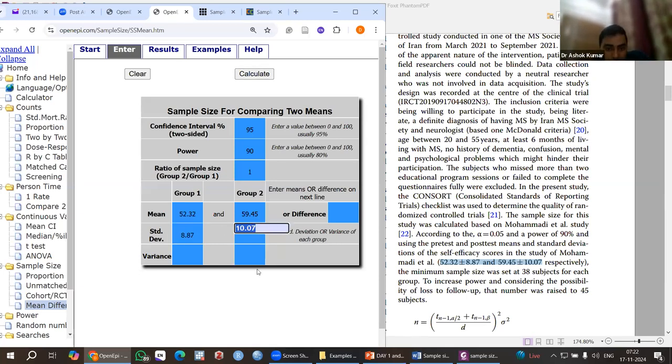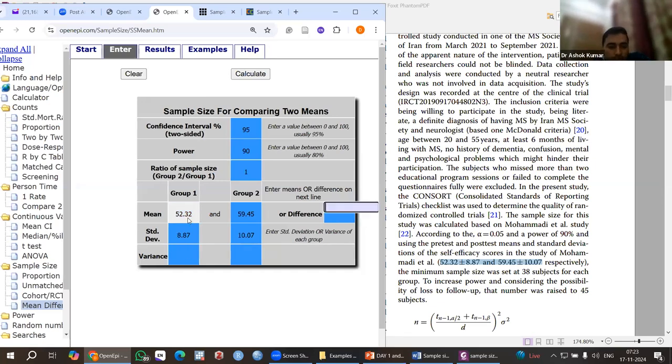Then after entering this, if you have only the mean difference, you can just enter the mean difference here. Okay. In the experiment group, suppose this is control group 52.32. This is the self-efficacy score.